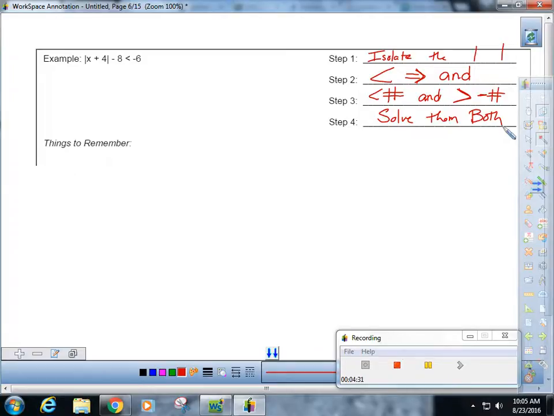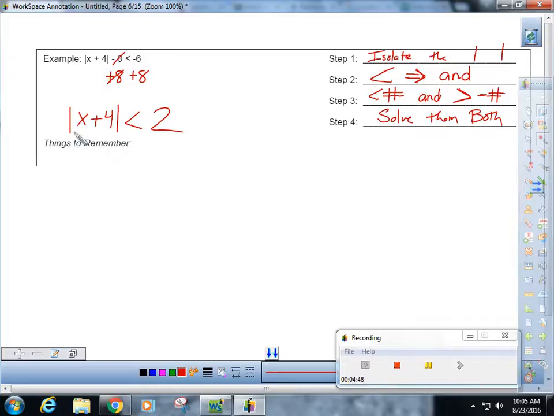So, first thing we're going to do is add 8 to both sides. That gives me the absolute value of x plus 4 is less than 2. Okay? Now, we've got to follow steps 2 and 3.